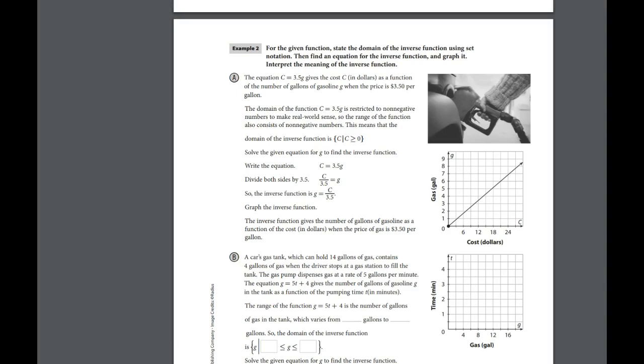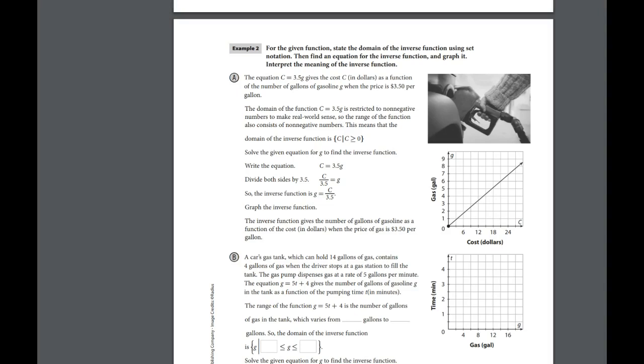Now, since we're multiplying any G by 3.5, I can get any value for C, right? If I do 3.5 times the smallest G, 0, I get 0. And if I pick G as 1, 3.5 times 1 is 3.5, and I can get all the values between 0 and 3.5 by picking some numbers between 0 and 1.